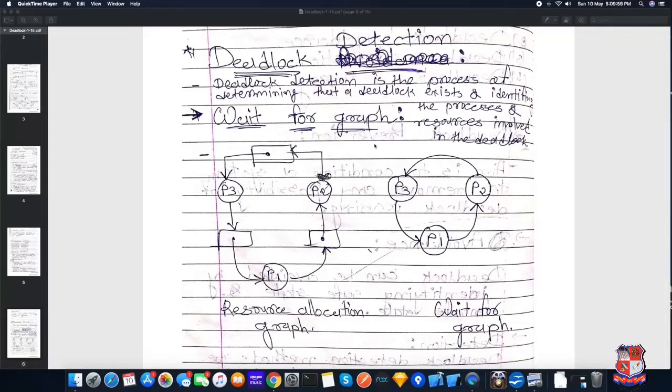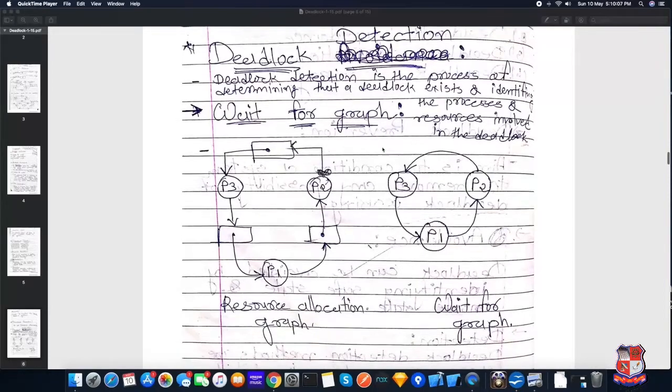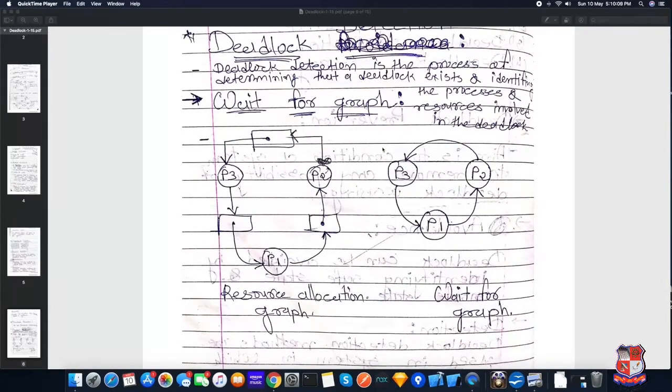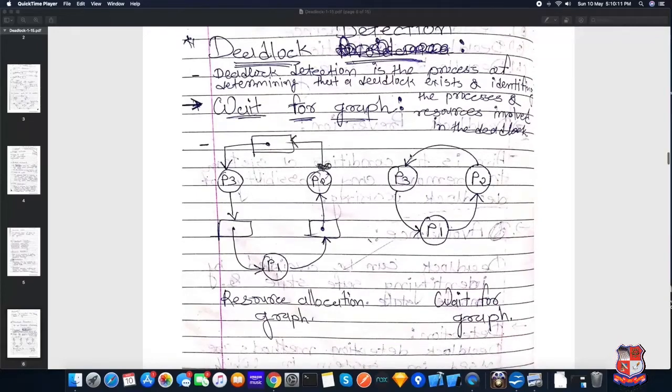So this concept is deadlock detection. We can also detect the process and resource which are involved in the deadlock. For deadlock detection, we can use the wait-for graph.